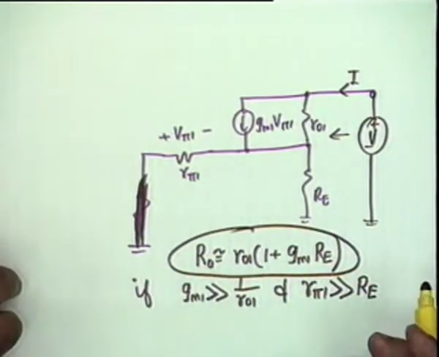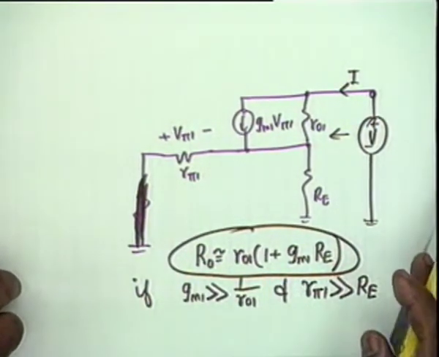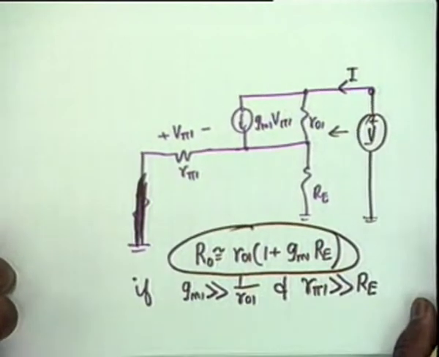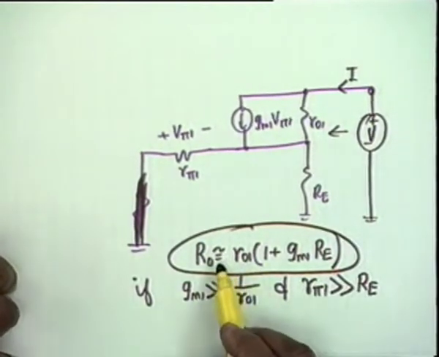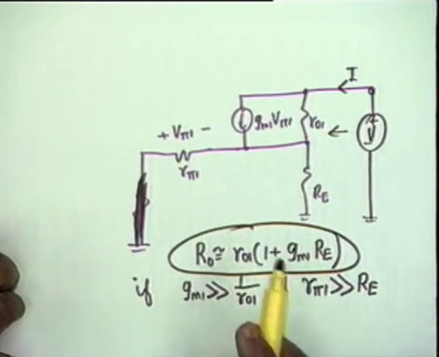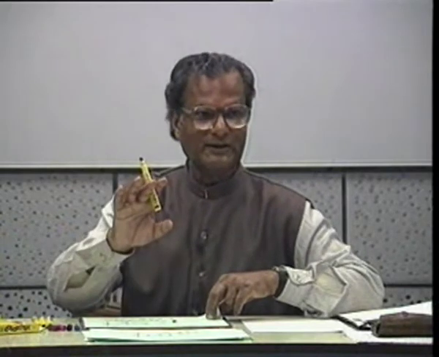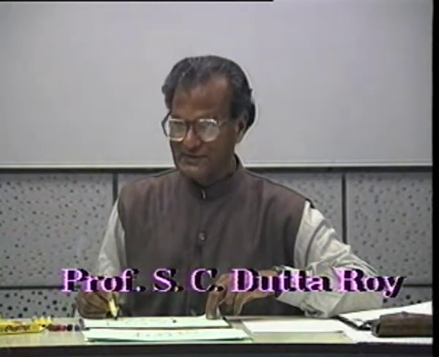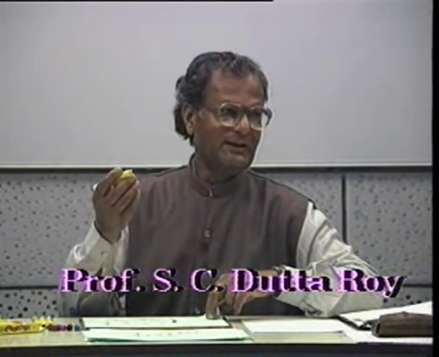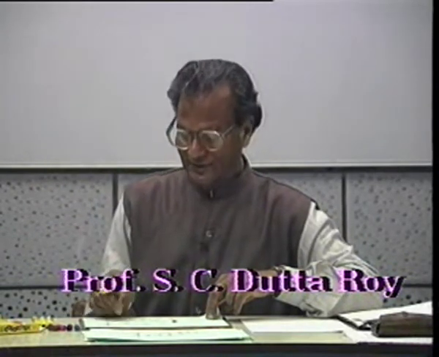If these are true, then the output impedance is this. Now you say R01, what is the order? Meg. Okay? And therefore, the effective output impedance, effective REE, is now of the order of a meg. Not just a meg, it is also enhanced by a factor of GM RE, which can be, let's say, if it is 3, then you have 4 times R01.